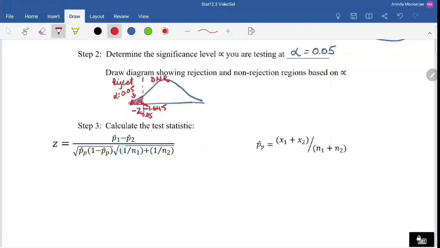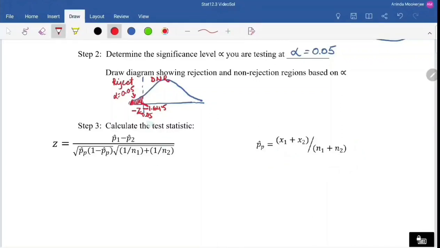So it says p hat sub 1 minus p hat sub 2 divided by square root over p hat sub p times 1 minus p hat sub p, and then again square root over 1 divided by n1 plus 1 divided by n2. Now here it says p hat sub p in the denominator. So that means it is a pooled proportion. So here's a formula for the pooled proportion.